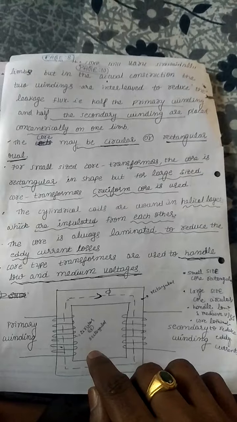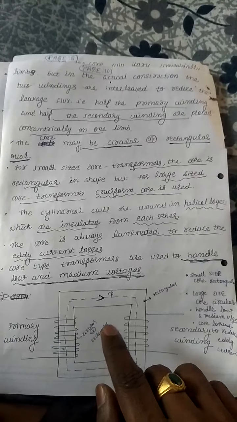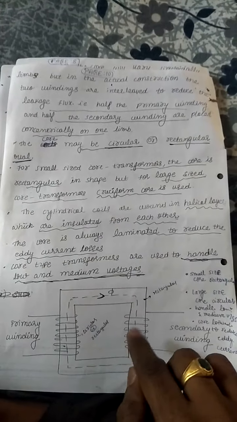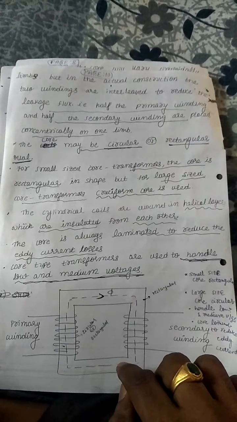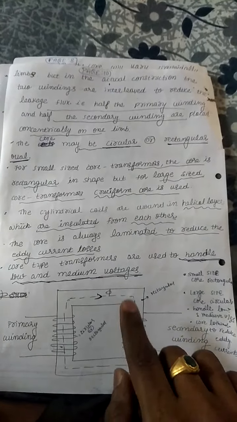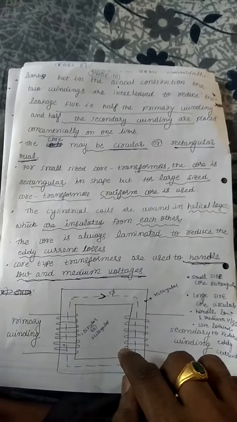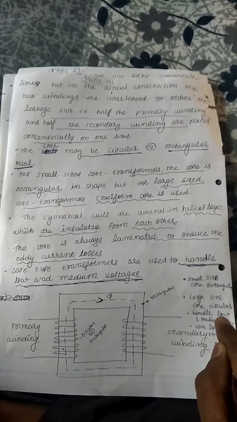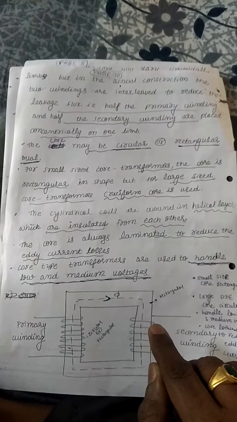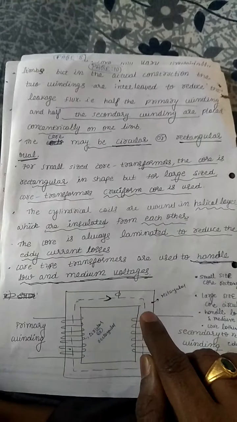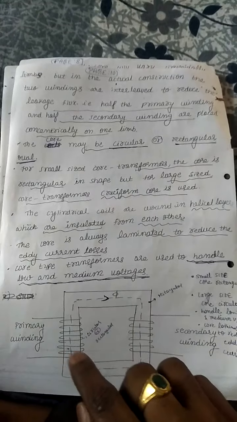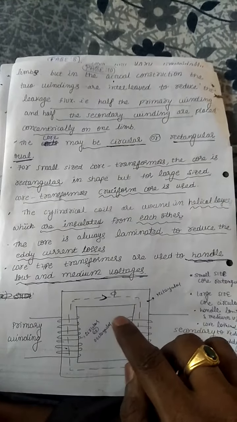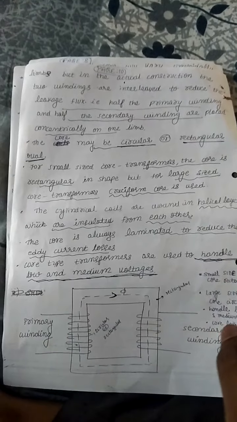The core is laminated, and in order to avoid air gaps there will be an overlap of the cores, and also in order to reduce the eddy currents.